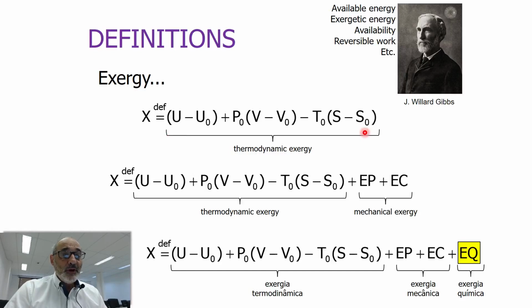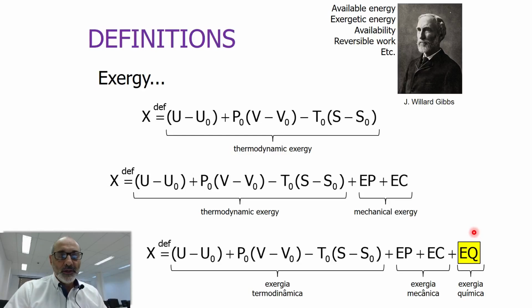If you have other components like potential energy and kinetic energy, you simply add these terms here. And if you have chemical exergy, the possibility of producing useful work from chemicals, from a difference in chemical composition between the substance and the environment, you simply add this term here.